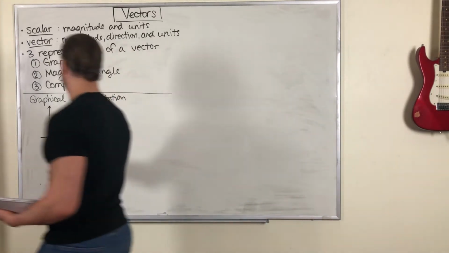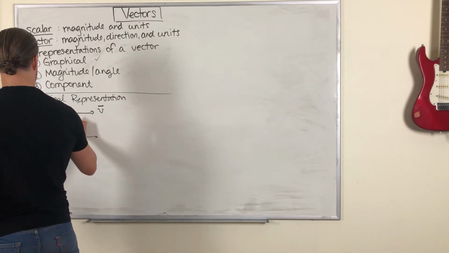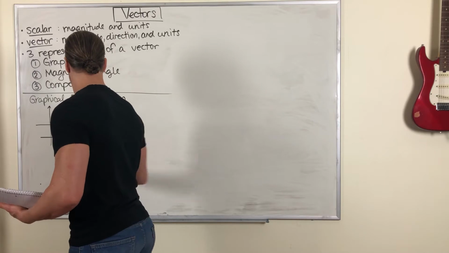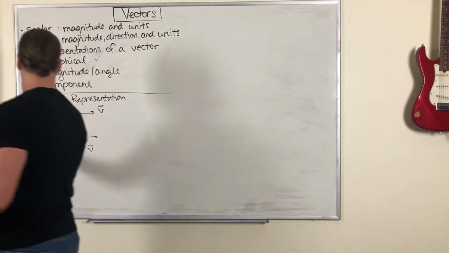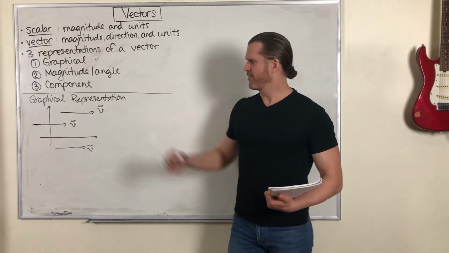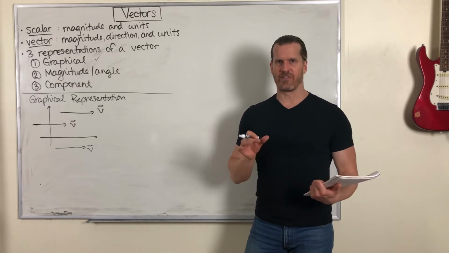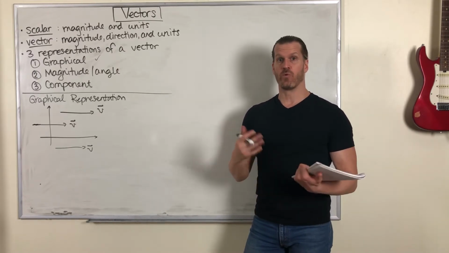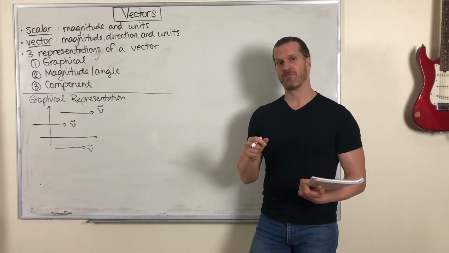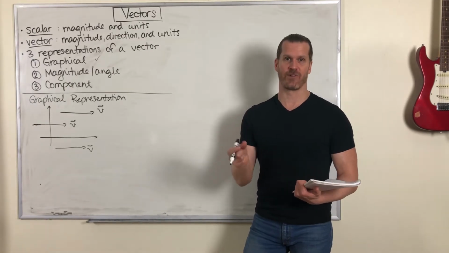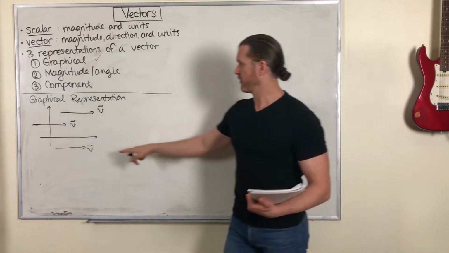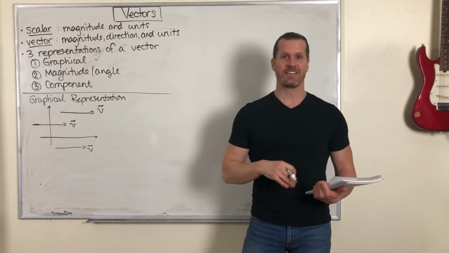Or it might look like this. Or it might look like this. Now, notice something. I didn't draw these in the same place on this graph. When you draw a vector in graphical form, it doesn't matter where you draw it. The only thing that matters is that you get the length right and the direction right. The placement on the picture is irrelevant. So in fact, all 3 of these vectors are equal to one another.